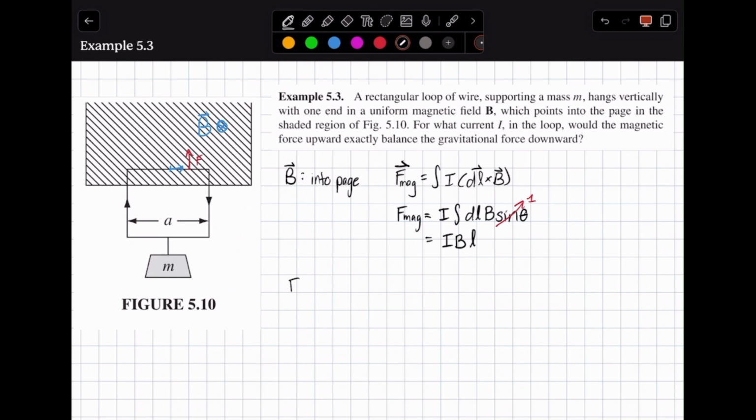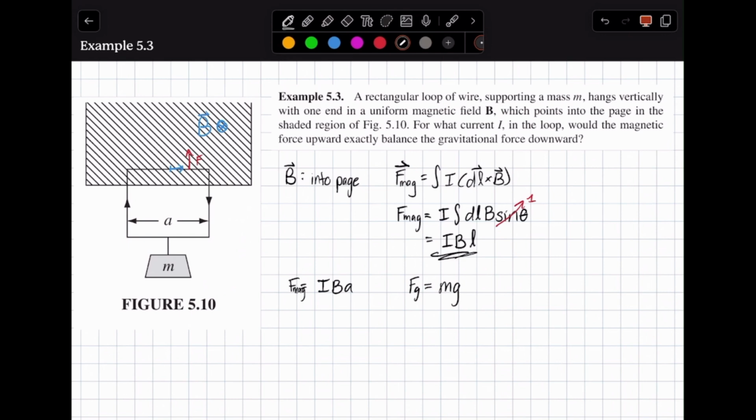So now let's solve for the force on the loop, since we know that our net force is going to be due to the top segment. We could just solve for that using our equation here. And we have I times B times the length of the segment, which is a. Right, that is our magnetic force. And we also have this gravitational force, which of course is equal to mg.